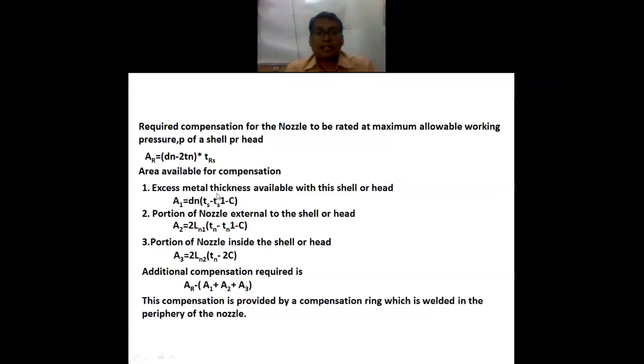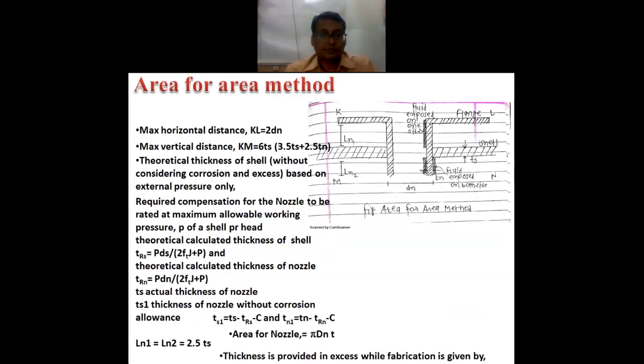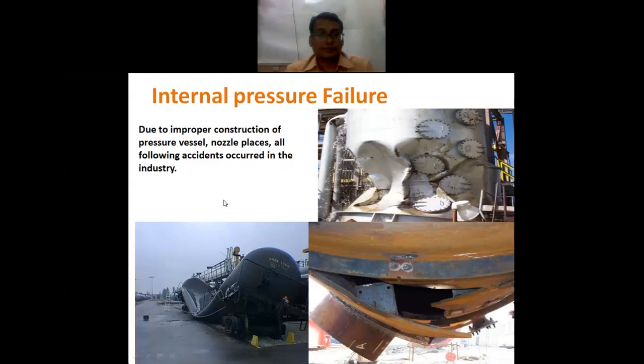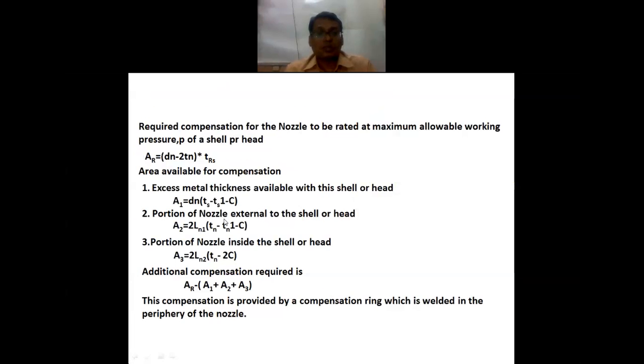So the excess metal thickness available with the shell or head, that is A1, is equal to dn into Ts1, which is nothing but Ts minus Ts1 minus C, TRS minus C. This is TRN minus C. This is the portion of the nozzle external to the shell or head.